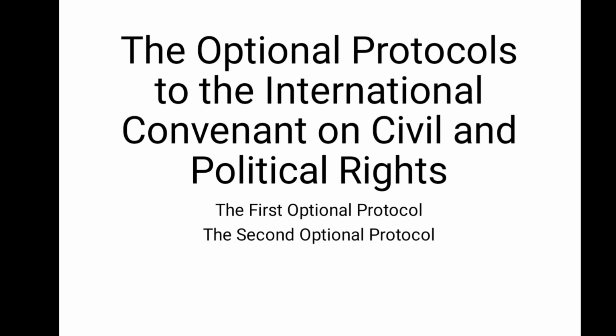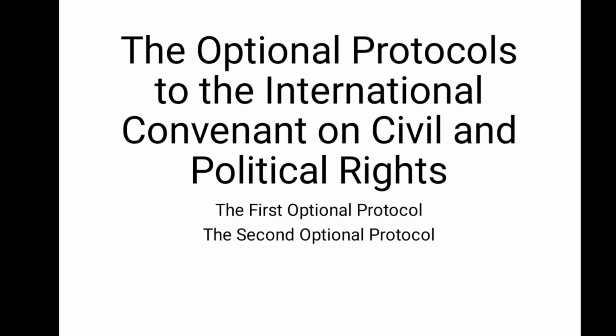Then when we come to the second optional protocol, this is where the International Covenant on Civil and Political Rights aims at abolishing the death penalty, which was adopted by the General Assembly by its resolution 44/128 of 15 December 1989.